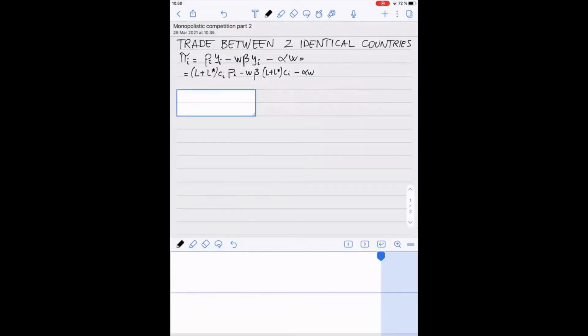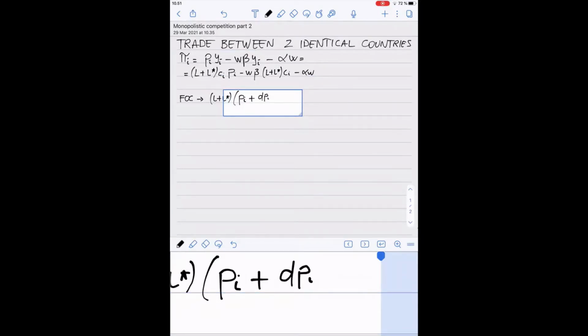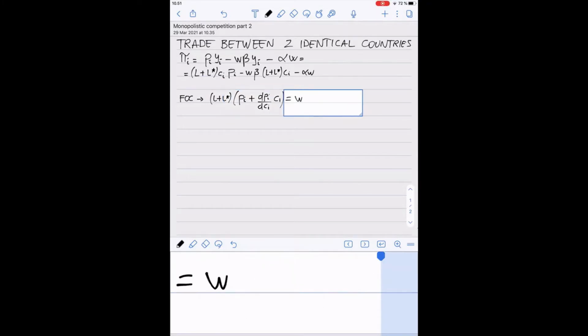So here, let's first look at the first order condition, because this was giving us the first equilibrium condition of the model, the PP condition, the pricing equation. And so what we have is that (L plus L star) multiplies (p_i plus dp_i over dC_i times C_i), and this equals w beta (L plus L star).